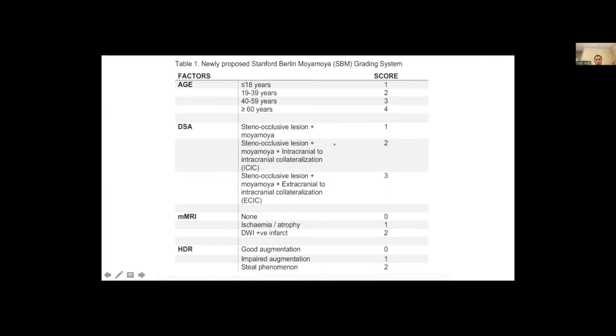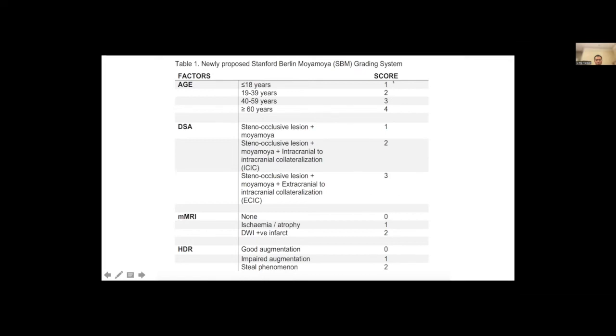So this is therefore the newly proposed Stanford Berlin Moyamoya grading system that incorporates the 4 factors: the age of the patient during bypass, the angiographic score, the modified MRI score, and the hemodynamic reserve score. For age, 4 groups: less than 18, up to 40 years old, 40 and above, and more than 60 years old.